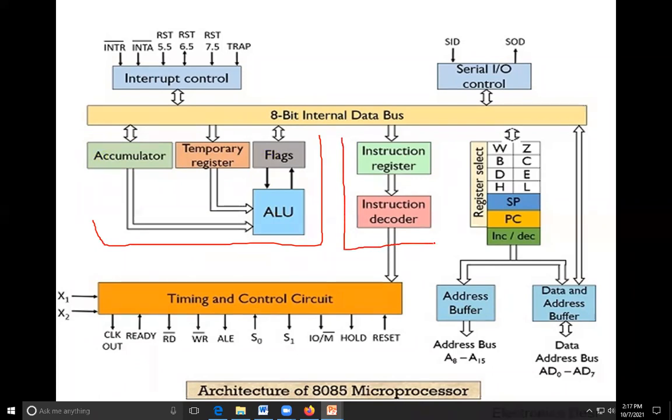Then the temporary registers W and Z, and the 8-bit registers B, C, D, E, and HL. Another is the stack pointer, and next the program counter, and then the register select. One by one we will discuss the use of each.